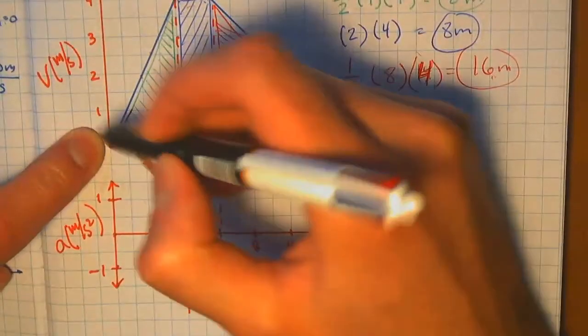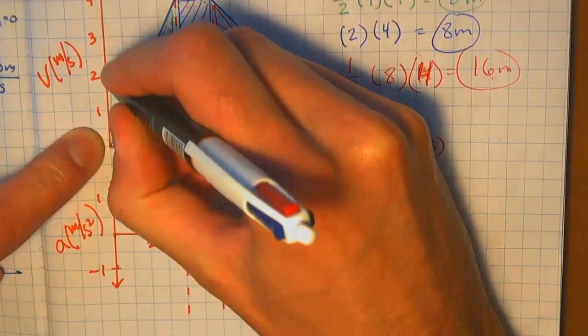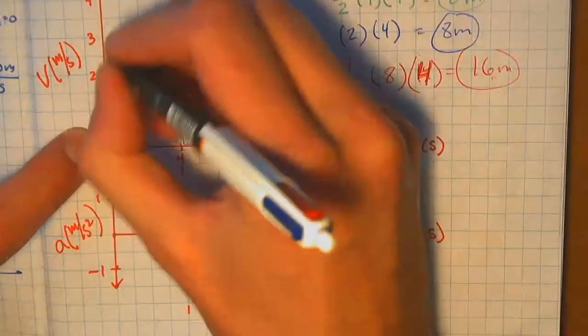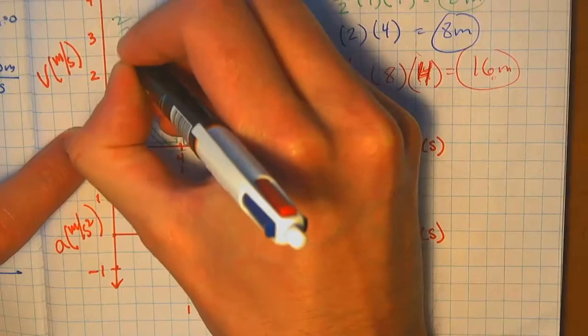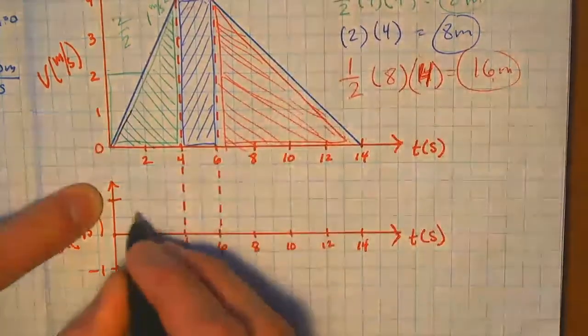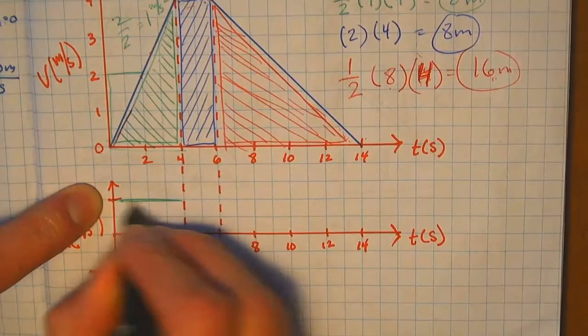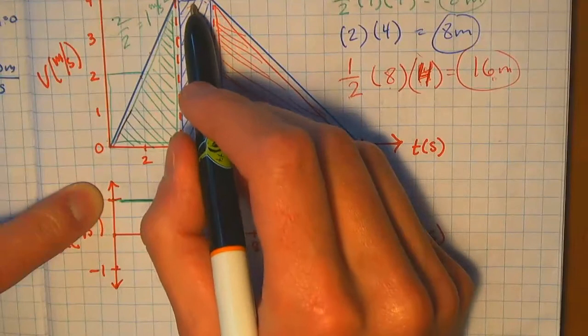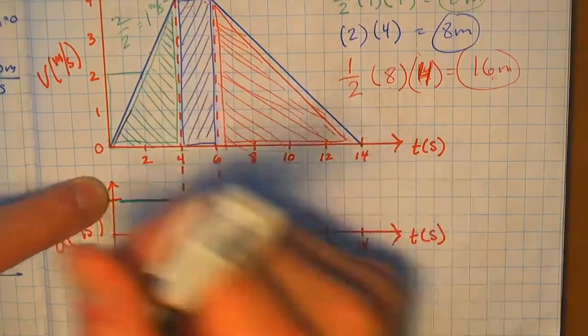It goes up 2 over 2. So the slope for that is 2 over 2, which is just 1. So that tells me my acceleration for that chunk is 1. I don't need to do any math for this part. The slope of that is 0.